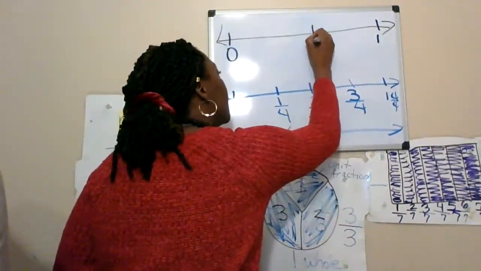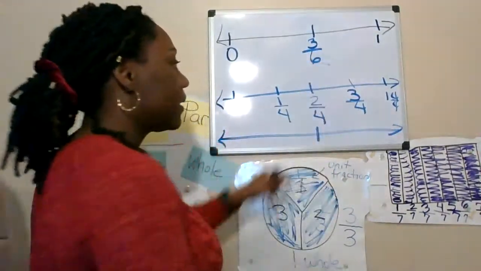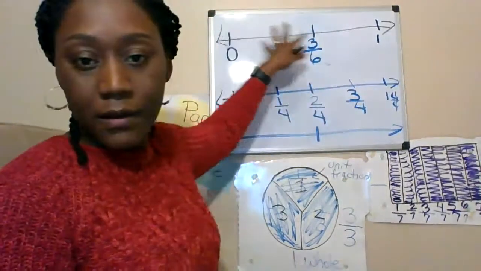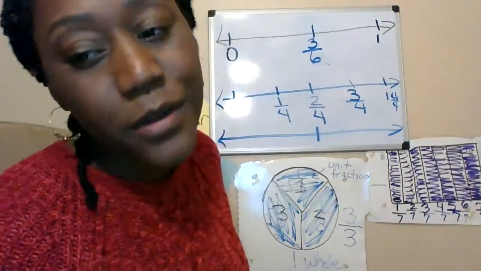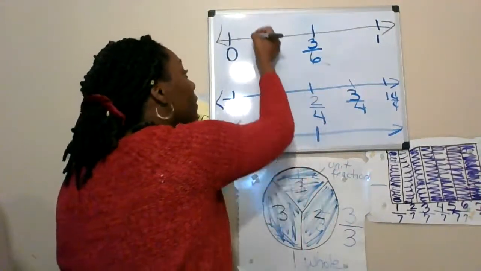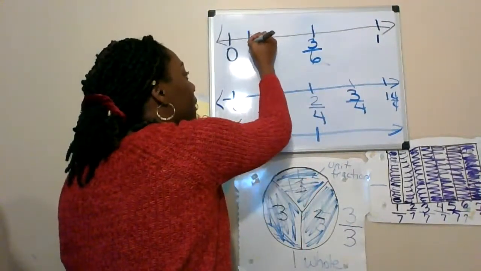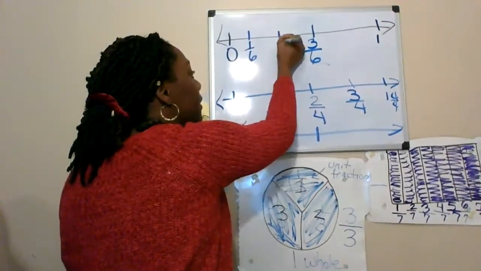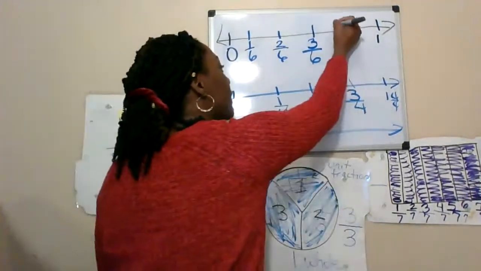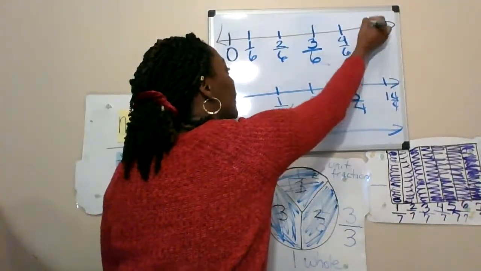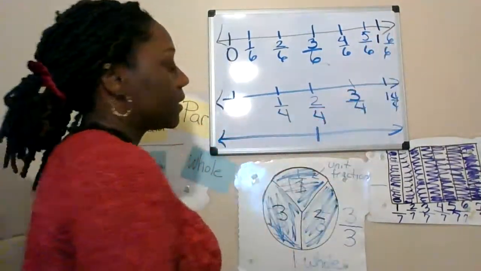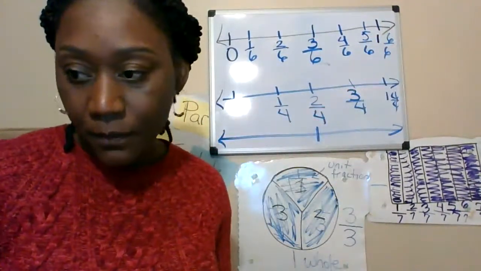The denominator is 6, so how many parts should I have here on the top number line? 1/6, 2/6. There's 3/6 in the middle because it's equal to 1/2. And 4/6, then 5/6, and then the last one is 6/6. I think that you guys have it.